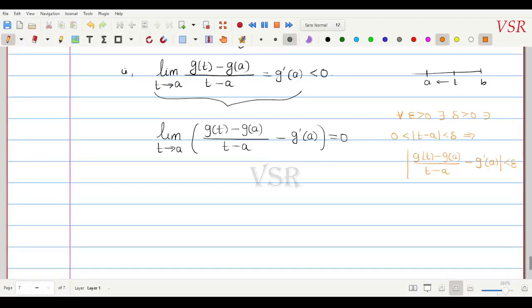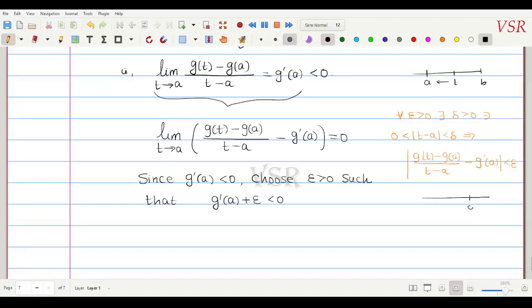ஓகே, அப்போ நான் இப்போ என்ன பண்ண போறேன்னா, choose epsilon. Now come to the problem. Since g dash of a which is negative, choose epsilon positive such that என்ன condition அப்படின்னா, this g dash of a plus epsilon which is still negative. பாருங்க, இது 0. இது யாரு g dash of a negative.